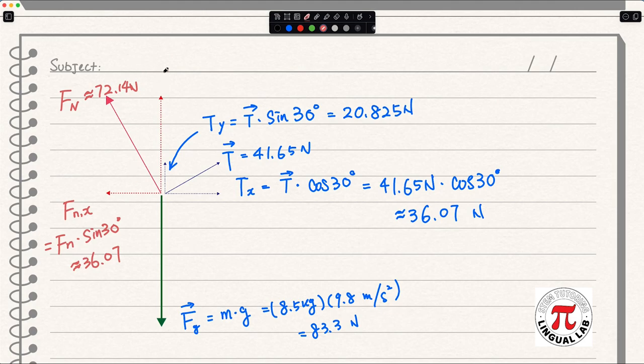And for the normal force y component, I can take normal force times cosine 30 degree. That will be about 70. No, that's not right. 62.48 Newton.